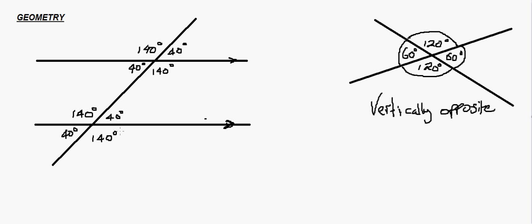Okay? So even if I was only given one angle, say I was just given this angle of 140 degrees, we've seen how simple it is to find the remaining angles. And if they said, well, what were the angles up here? It would just be a repetition. It would just repeat.